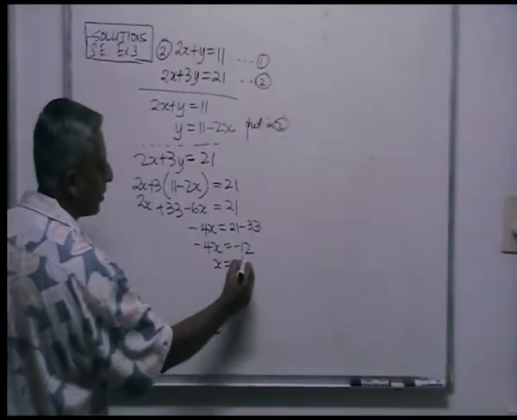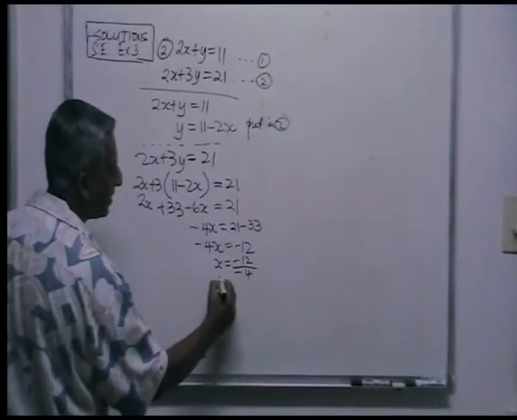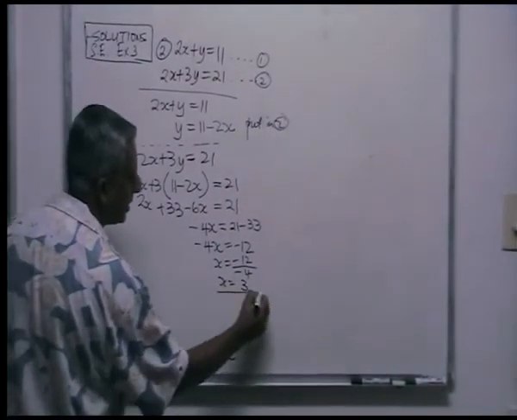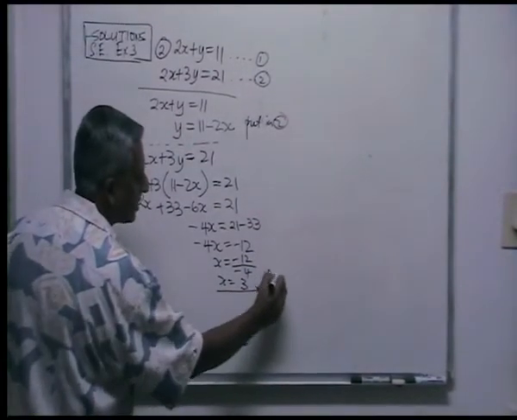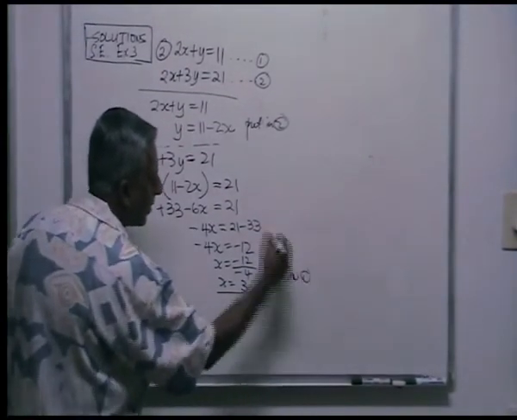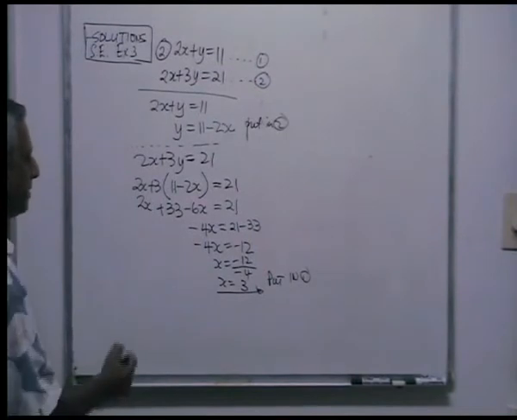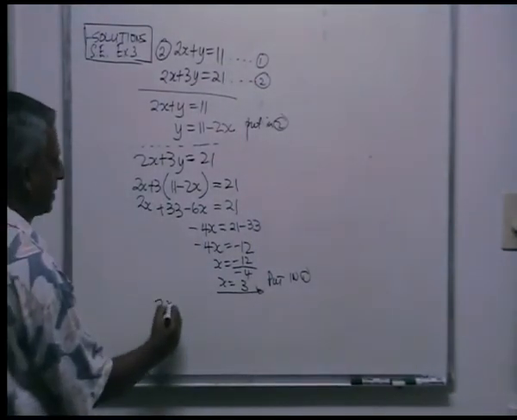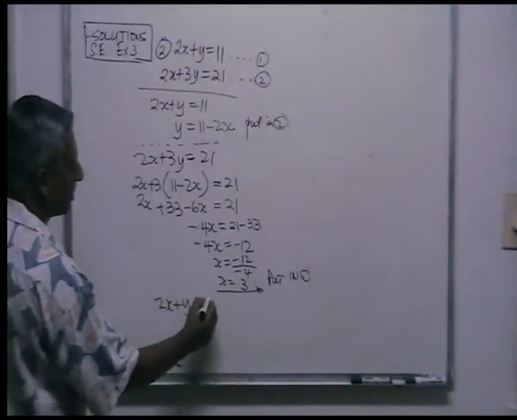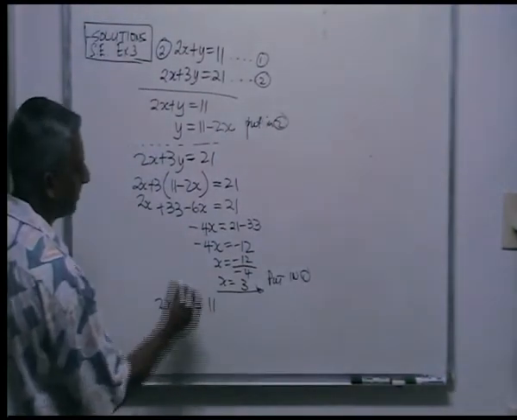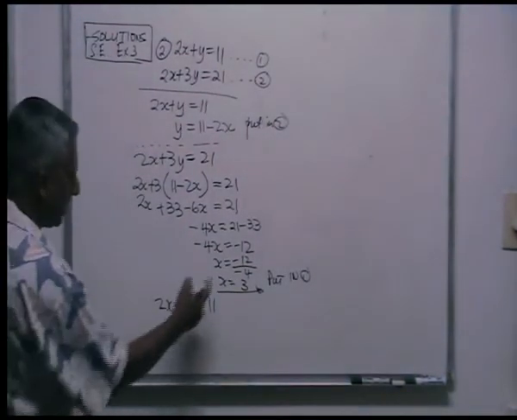And so x is equal to minus 12 divided by minus 4, x is equal to 3. And you put this now in equation 1. So equation 1 is 2x plus y is equal to 11. So x is 3.